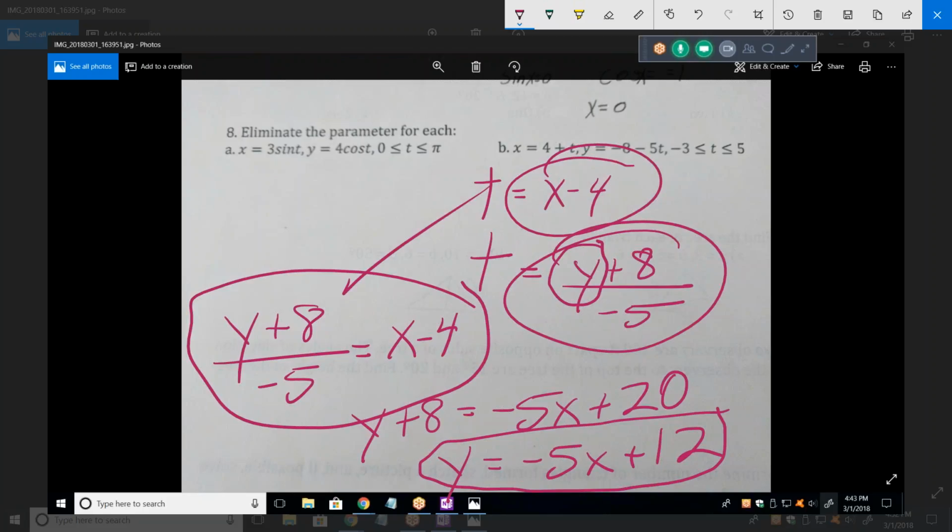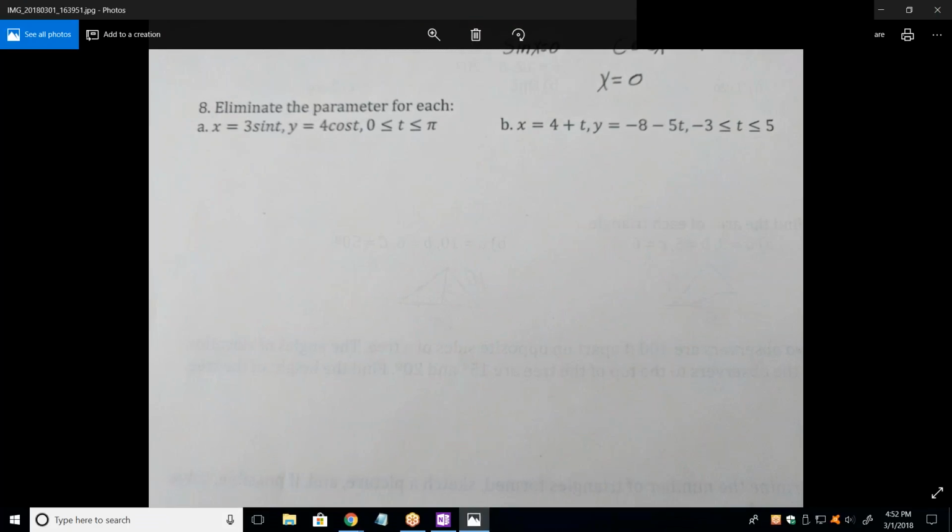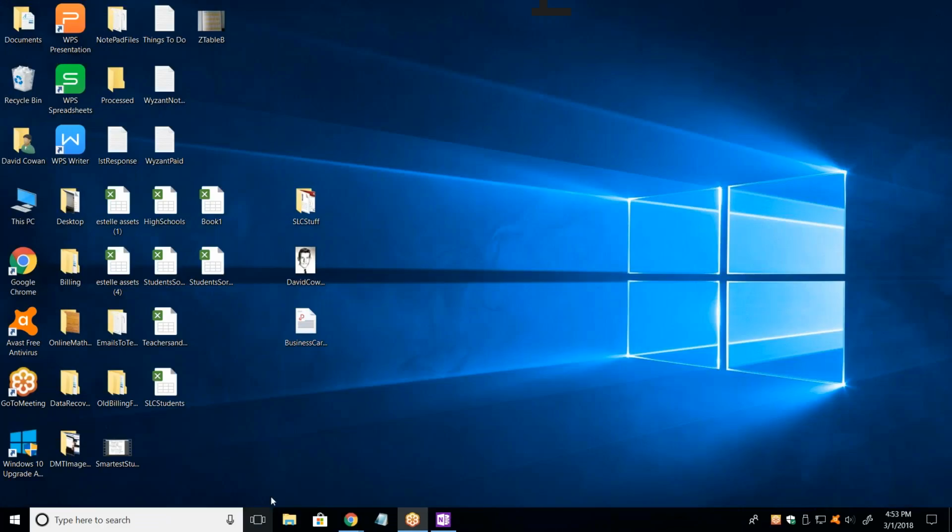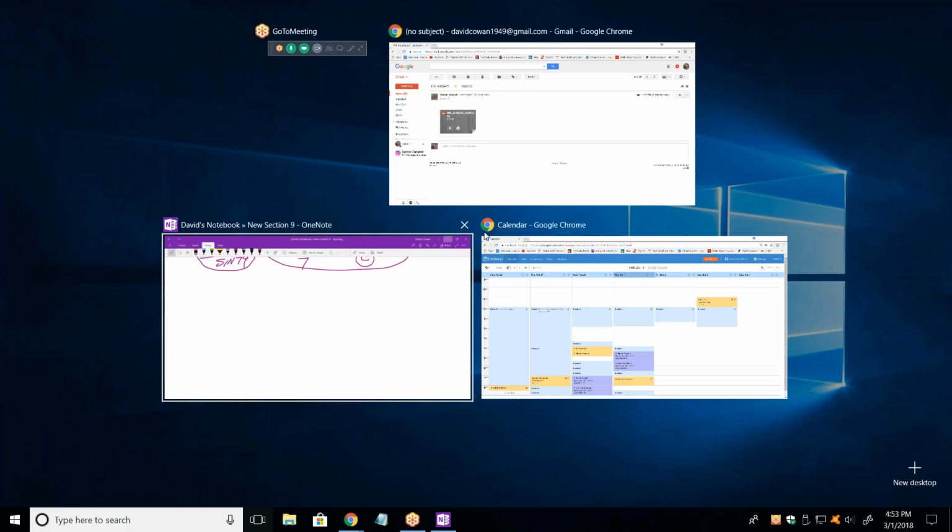I don't think you would have lost points. He would be really hard pressed to take points off if you give him this upper left hand answer. So the key thing was there were no domain restrictions on it.